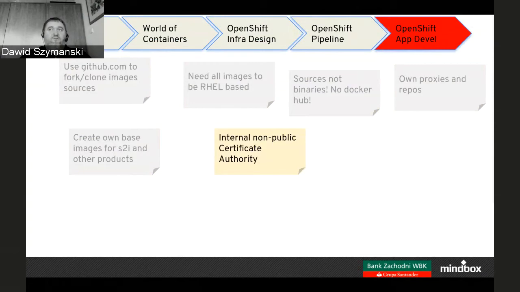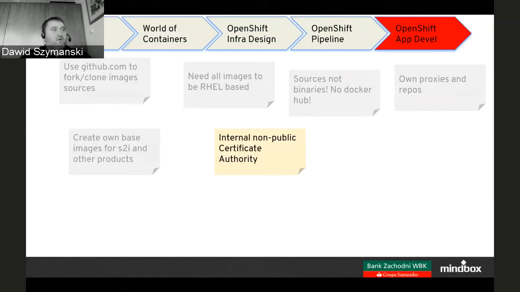So we have a lot of encryption endpoints in a bank. For each of these endpoints, we need our own certificates. These certificates are not signed by any public CA. Why? Shortly, because it's really very expensive and really not needed inside the organization.